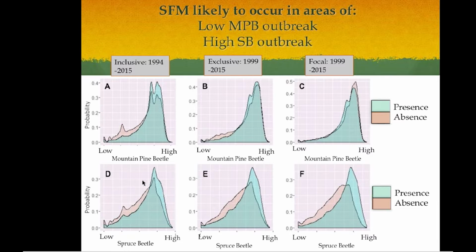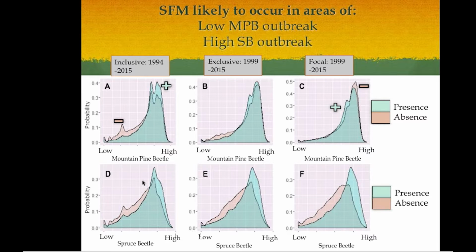So our first row of graphs from A to C is, again, like I said, methodologically through all of our spatial extents: inclusive, exclusive, and focal. But here we have mountain pine beetle outbreak and how that affects where subalpine fir mortality is occurring. So at the inclusive, or at the broadest extent, at low mountain pine beetle outbreaks, we see an absence of subalpine fir mortality, while at high mountain pine beetle outbreaks, we see that there's a strong presence.